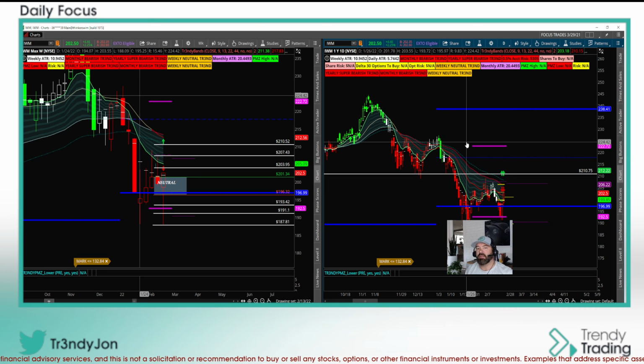Remember this before we end, folks. News is just a catalyst that moves price to one of our levels, whether you're using trendy levels or your own levels. Remember, stay in the right mind frame. News is just a catalyst, folks. Don't try to trade off of news. That's something I learned very early on with my trading. It doesn't work.